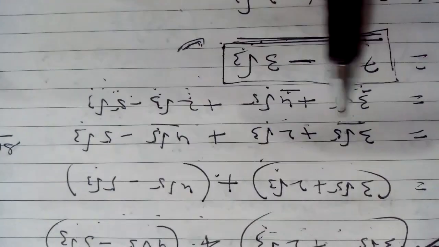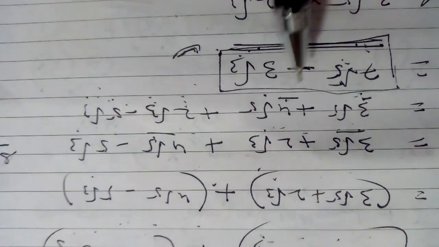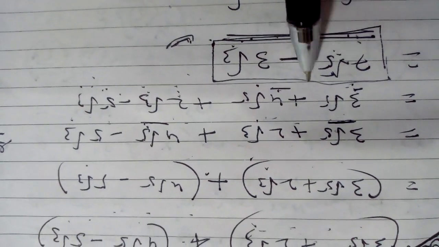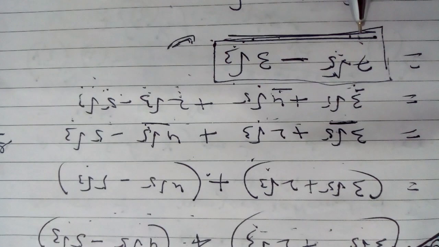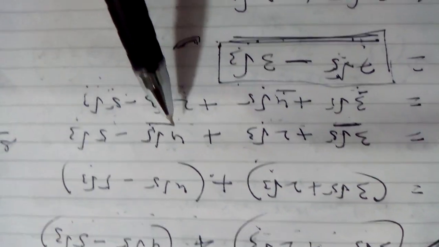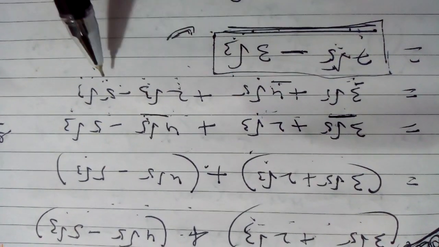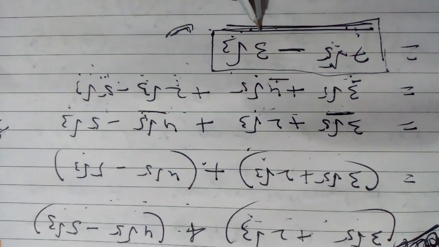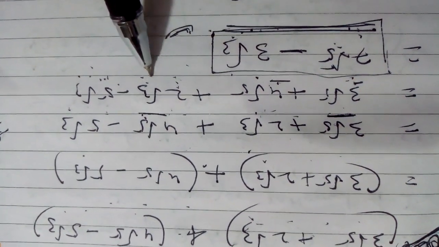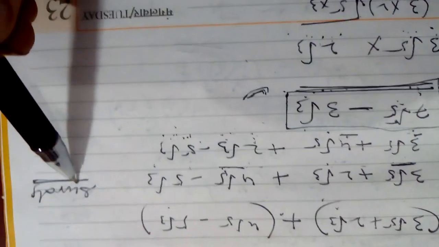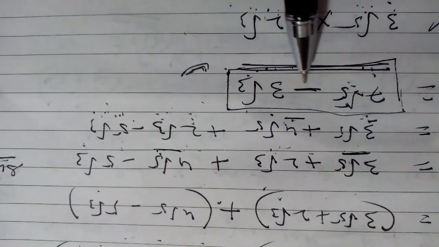The numbers which have the same root, root 5, you write together. 3 root 5 plus 4 root 5 will be 3 plus 4, 7 root 5. Now 2 root 3 and 5 root 3 together, 2 minus 5 will be minus 3, and root 3 stays as it is, like x. These are like surds, called surds in some books. So you will get 7 root 5 minus 3 root 3.